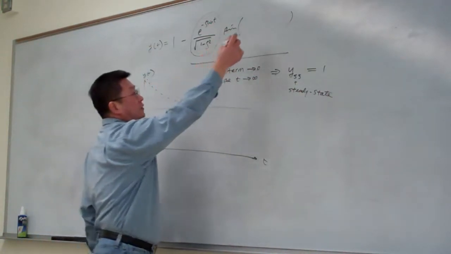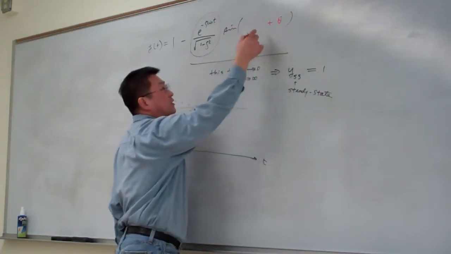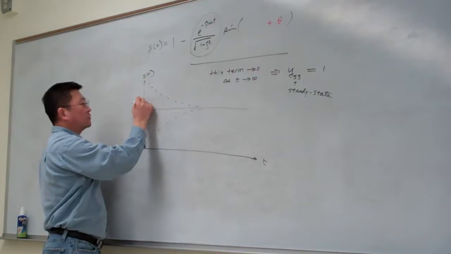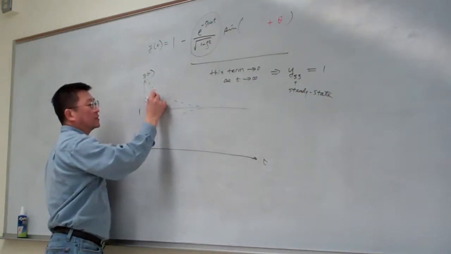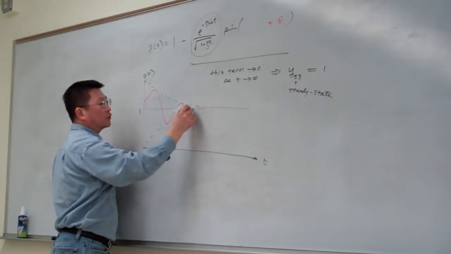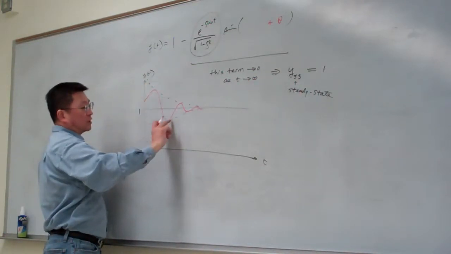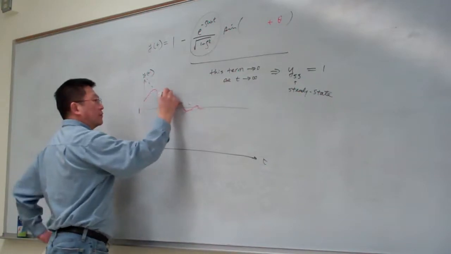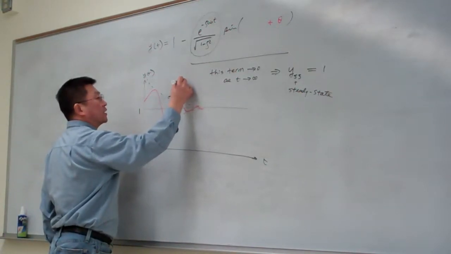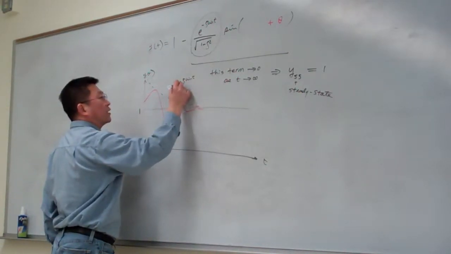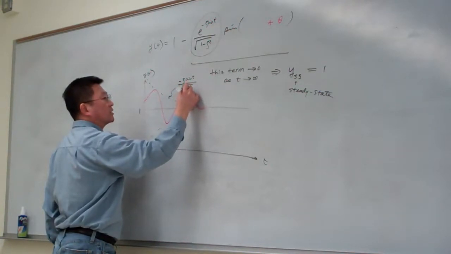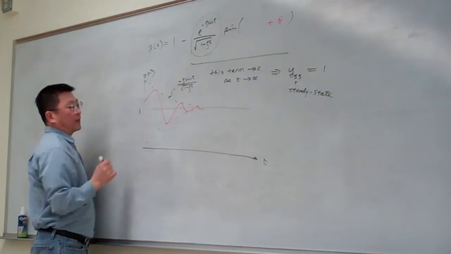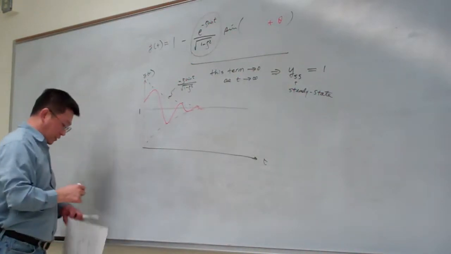This sine function is something plus theta, so when t equals 0 it has a starting point, and the sine function starts from here. So basically we have the sine function and the exponential decay. The profile is e to the minus zeta omega n t divided by the square root of 1 minus zeta squared, and this is a sine function.